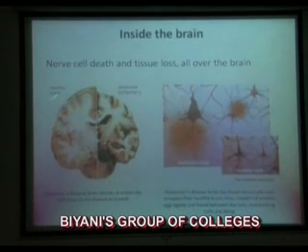Inside the brain, you might recognize that the brain of an Alzheimer's disease patient shrinks dramatically, and between the nerve cells in the brain, there are protein deposits, and also the nerve cells die away. So in an Alzheimer's disease patient's brain, there are very few nerve cells and also synapse loss.